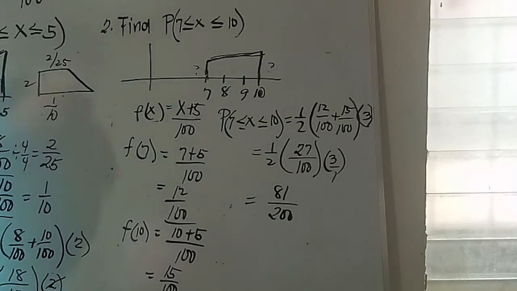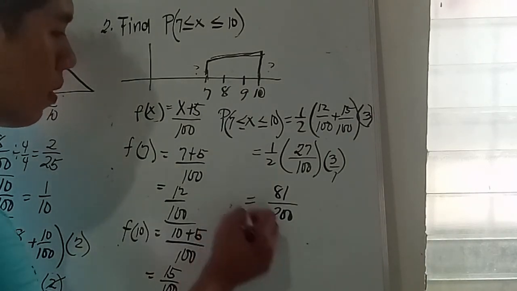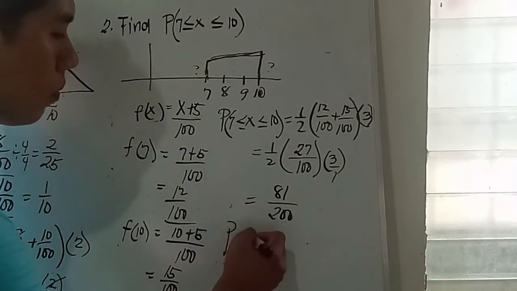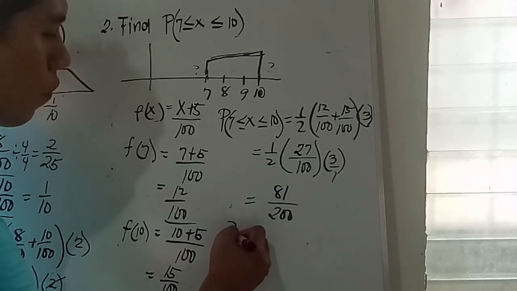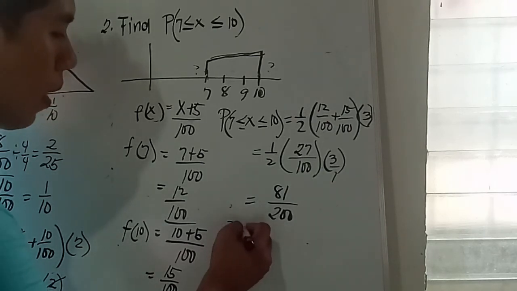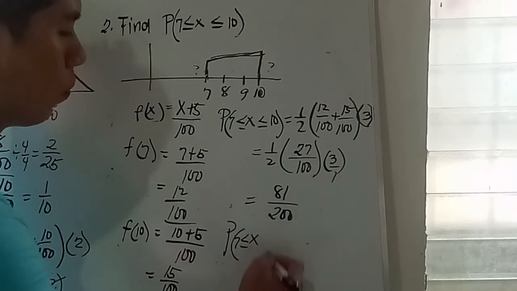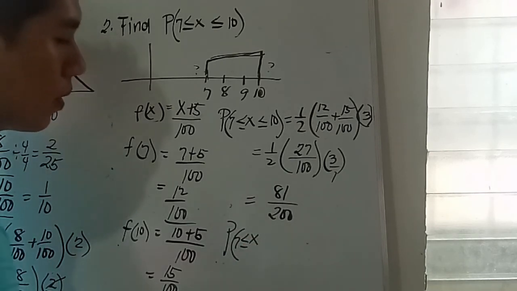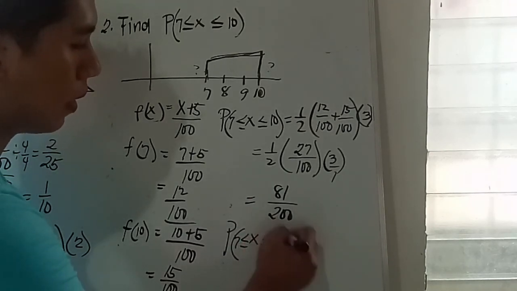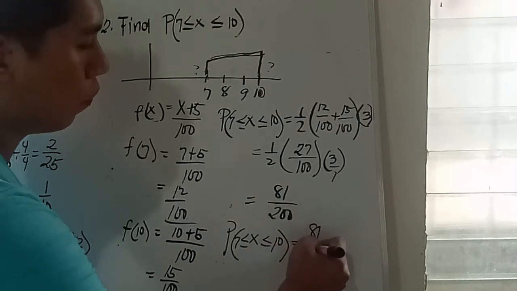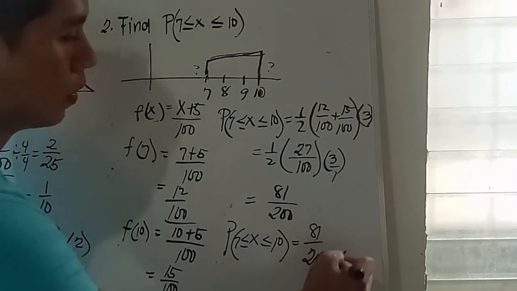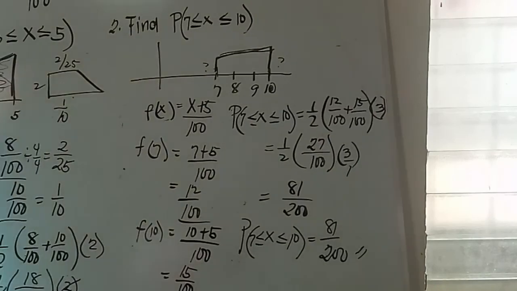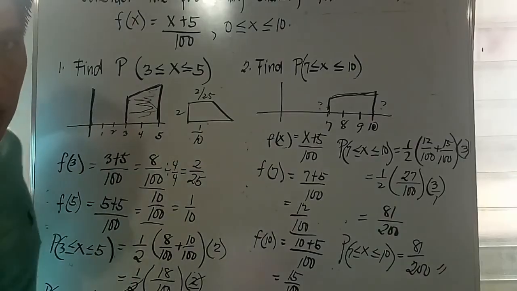So this is now the area, or the probability, where x is greater than or equal to 7 but less than or equal to 10: 81 over 200. Okay, so that's it for today. Thank you.